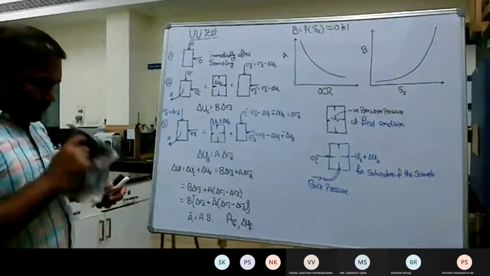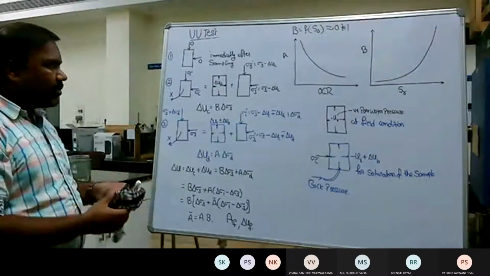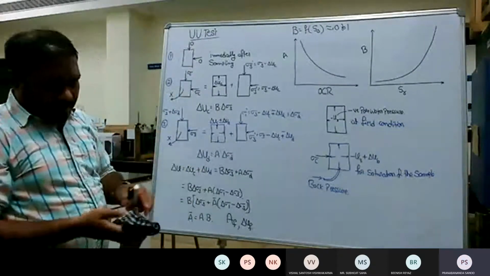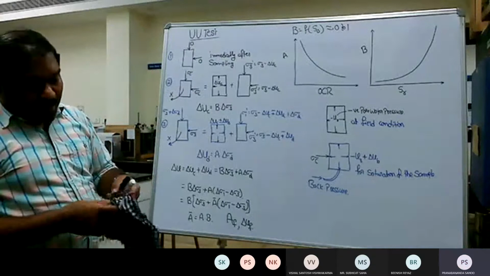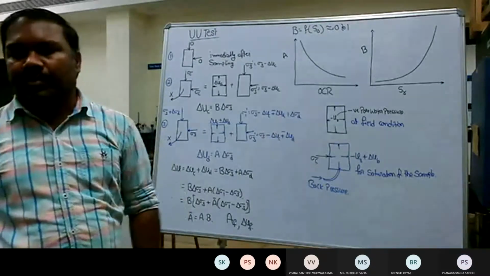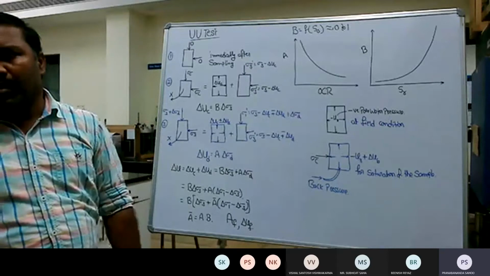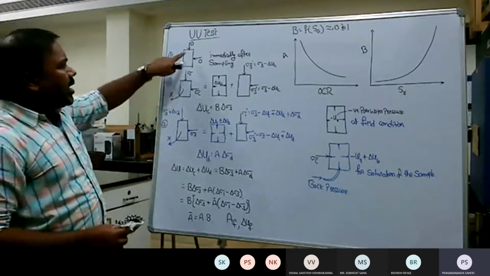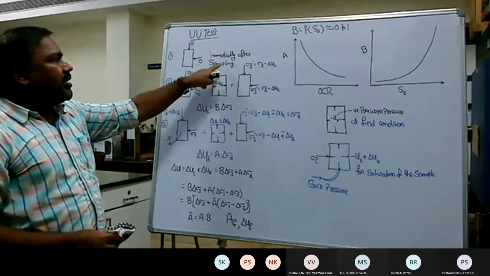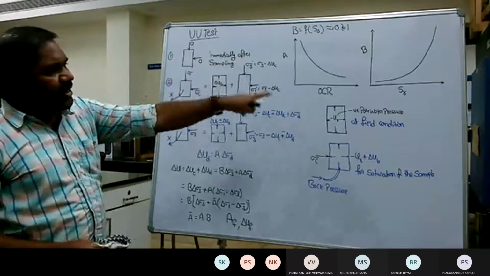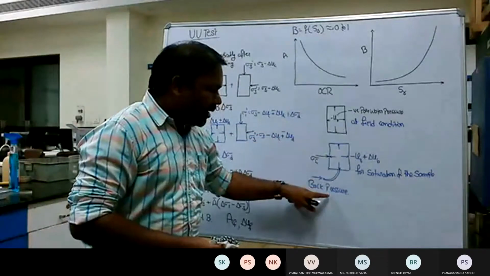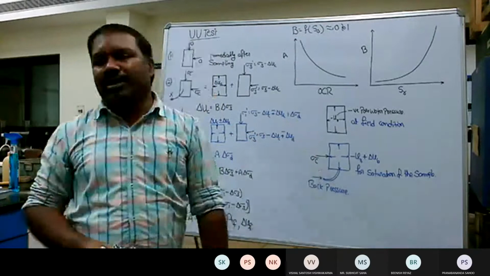Okay, so any other question? Sir, back pressure we will be applying up to the failure. No. Back pressure is applied to saturate the soil sample. Before starting stage 1, we apply the back pressure and then the confining pressure. If you look at stage 1, immediately after the sampling, this sample is directly taken to the triaxial test setup and it is fully saturated by applying the back pressure and the cell pressure simultaneously.